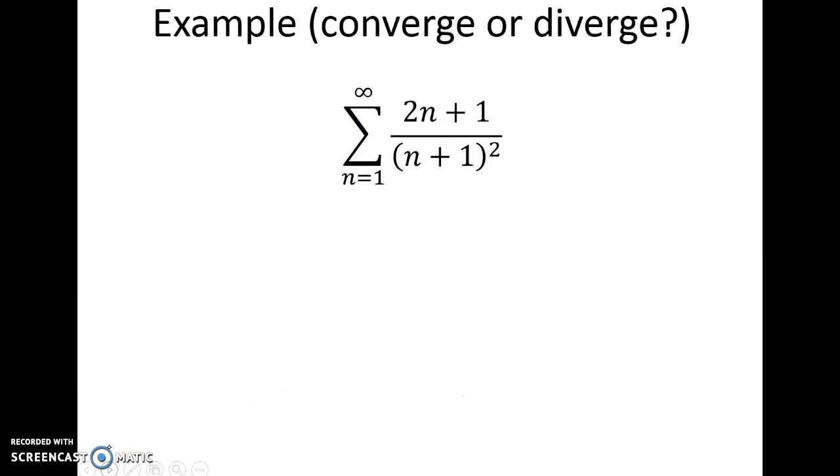All right, so here's an example I'm looking at. It's ugly and complicated, but I remember that I heard that the key was to think end behavior.